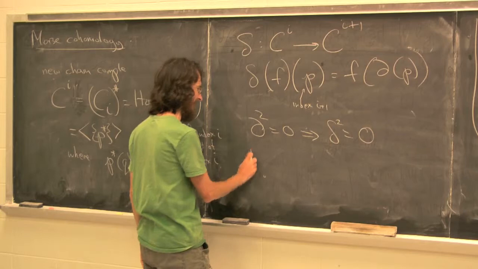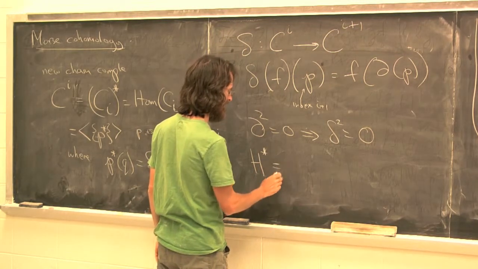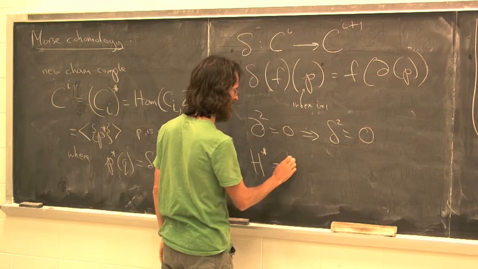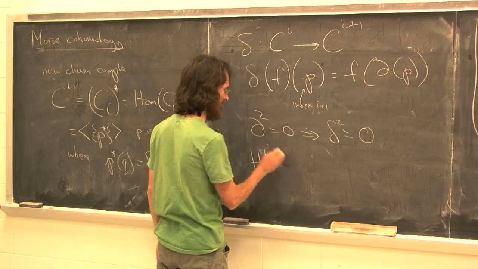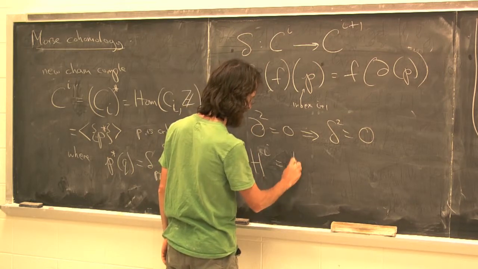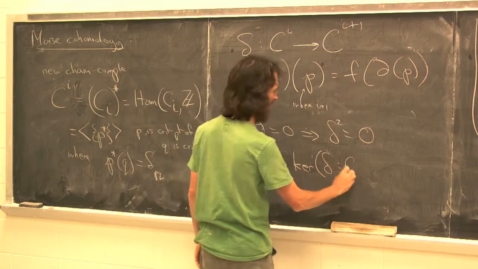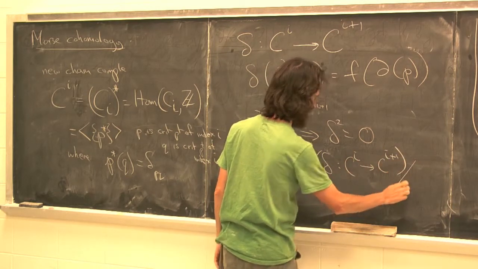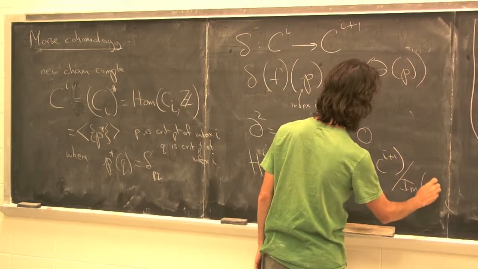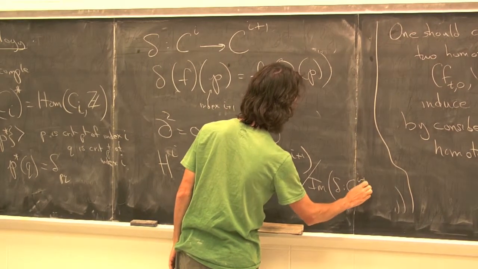Okay, so H upper I is equal to the kernel of the co-boundary map from C^I to C^(I+1) modulo the image of the co-boundary map from C^(I-1) to C^I.